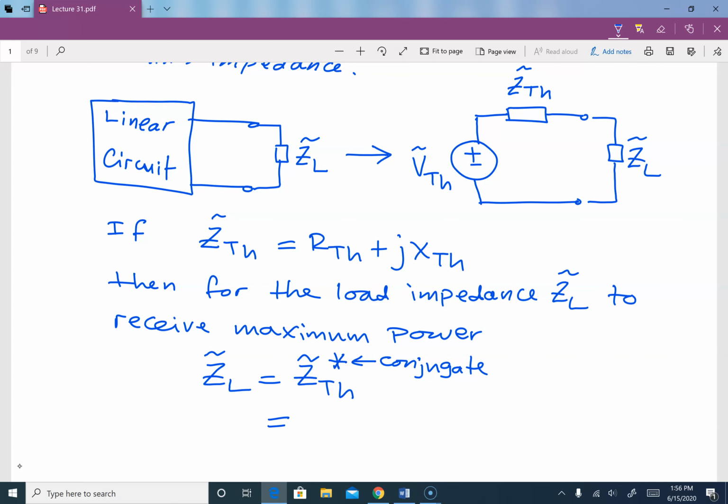Since our Z Thevenin came out to be R Thevenin plus jX Thevenin, our ZL, since it has to be Z Thevenin conjugate, will be R Thevenin minus jX Thevenin.